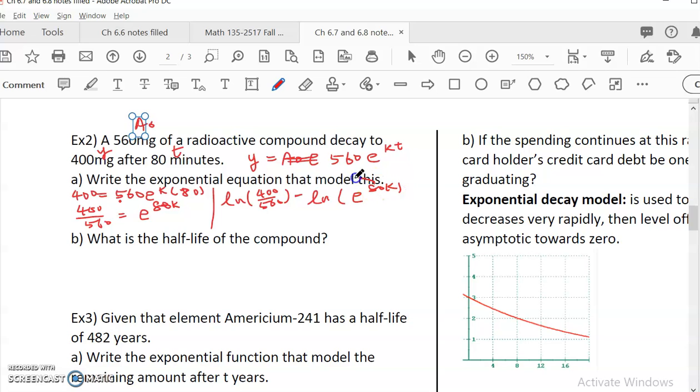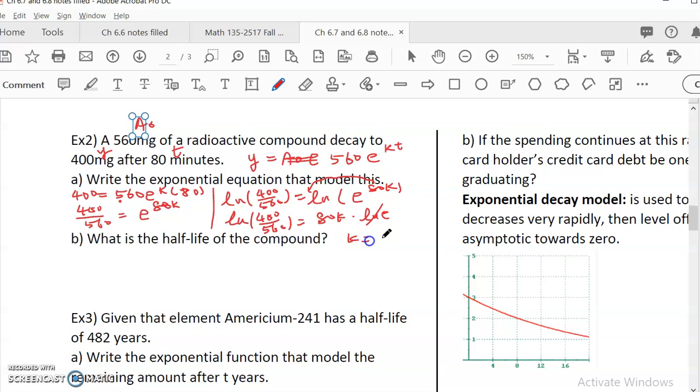Of course, the 80k is going to go outside as a coefficient. So I would end up having ln of 400 over 560 equal to 80k times ln e, which is 1, so we don't have to write it.